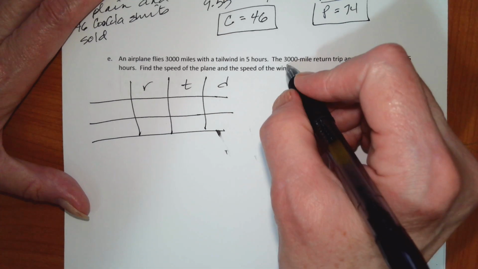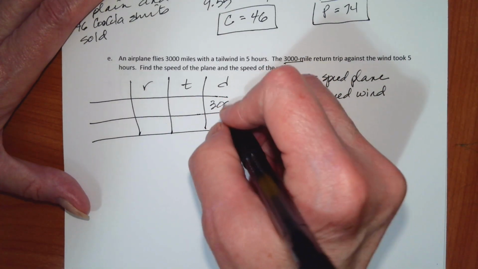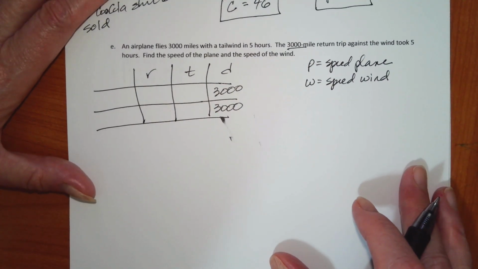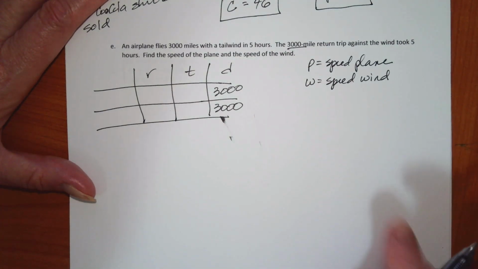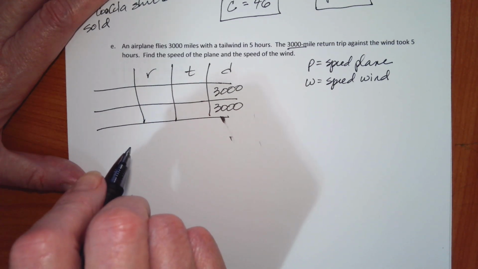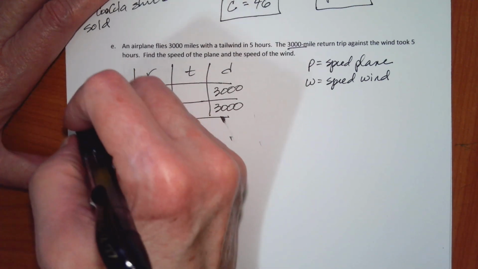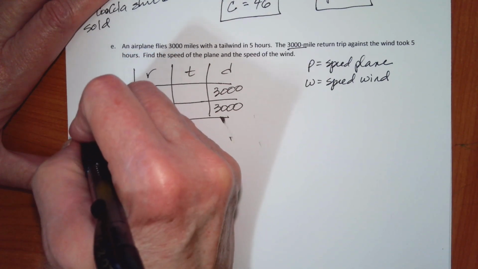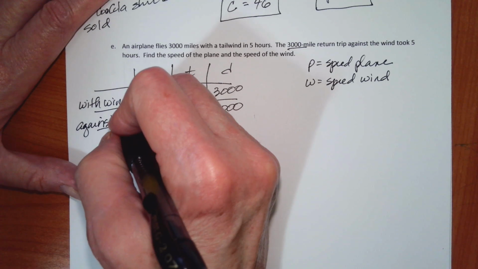Okay, so what do we know? We know it's a 3,000-mile trip. So 3,000 goes in both of these. Okay, so what we don't know is the rate with the wind and against the wind.